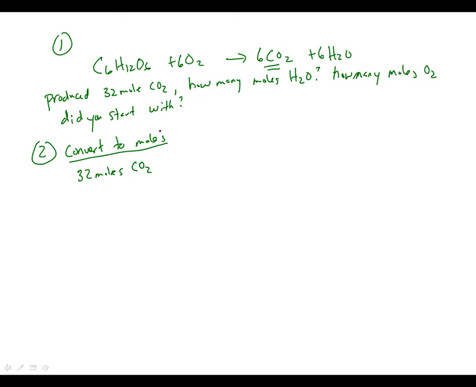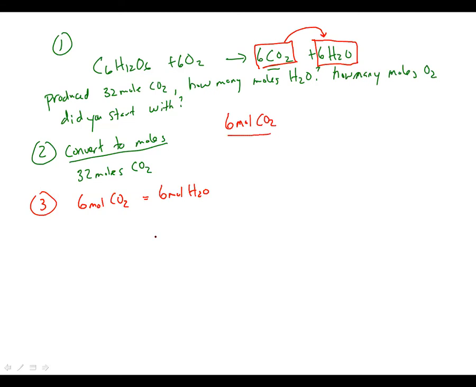So step number 3, we're interested in going from CO2, and actually staying on the same side, to H2O. And from the equation, we can see that for every 6 moles of CO2, you also get out 6 moles of H2O, which again will give us our 2 conversion factors that we could do. Or we could have 6 moles of H2O over 6 moles of CO2.